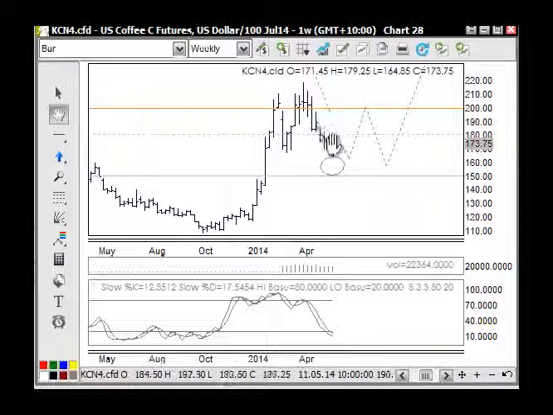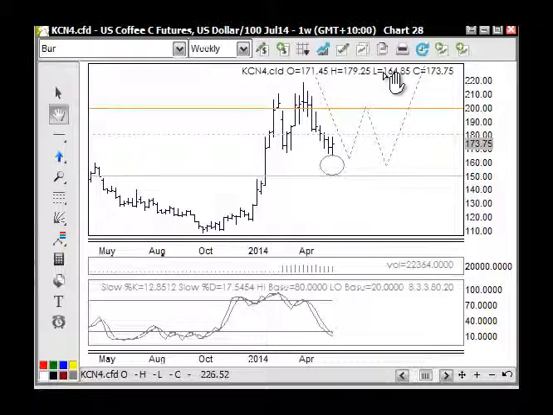The move down through here counts best as 5 waves. So if it is 5 waves down here, that means we'll have an A and a B and a C wave here, and then we'll move up. But I could be wrong, and we could have the ABC correction in here, and we could just move straight up from here. So we really need to be a little bit mindful.